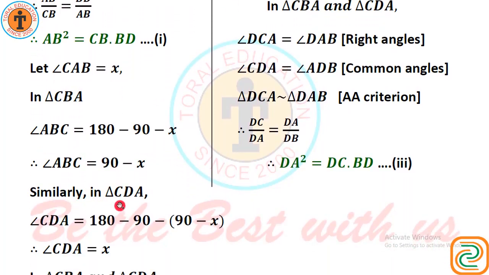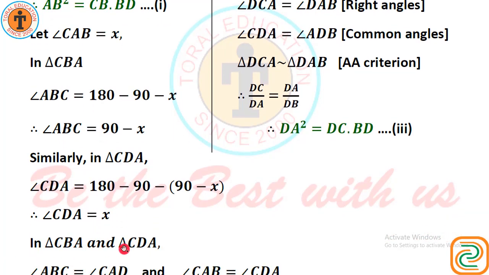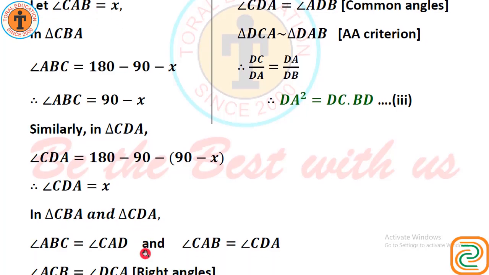Similarly, in triangle CDA, you can see the figure in the textbook. CDA equals 180 minus 90 minus 90 minus X. So this one will become 0 and CDA is X. So if we take both the triangles CBA and CDA, what will happen?